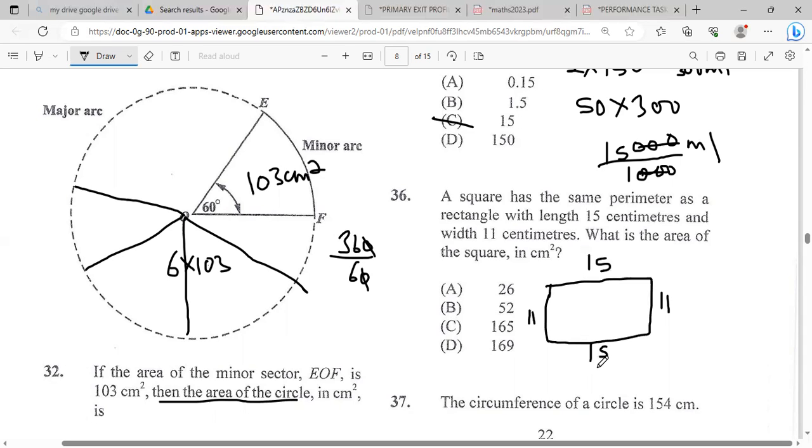So 15 and 15 is 30. These two sides are 11 and 11, which is 22. So 30 plus 22 gives us 52. If the perimeter of a square is 52, we have to divide 52 by 4 because all sides are equal, which gives us 13. So the length of one side of the square is 13. In order to find the area, we multiply 13 by 13.